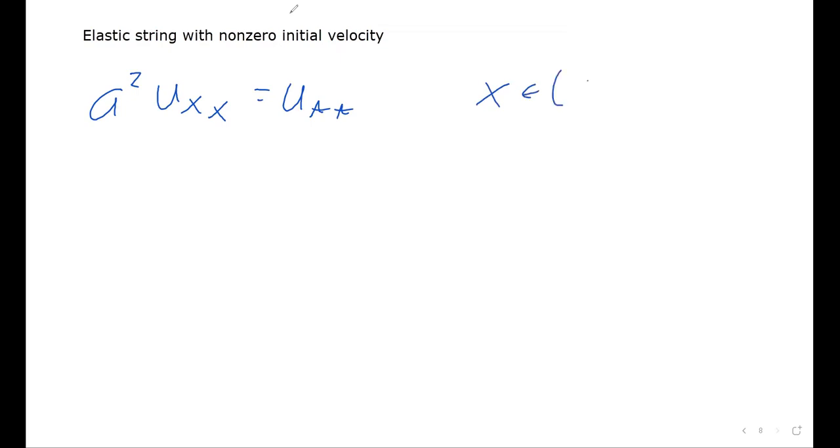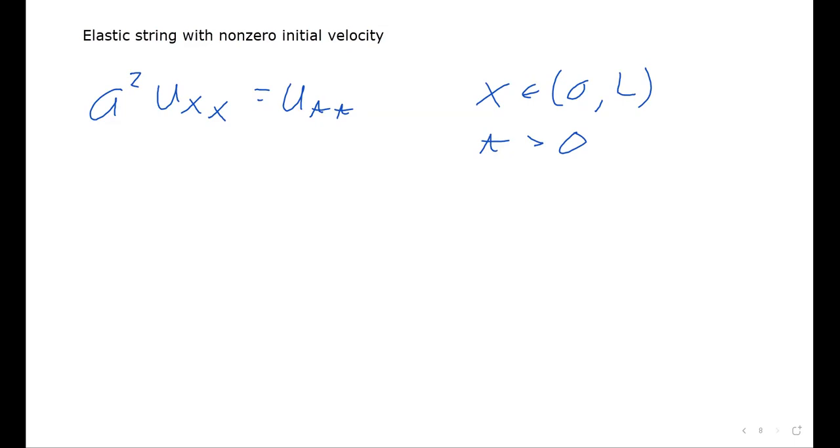Just like before. We're going to use the same zero and L, same equation as what we did before. T will be greater than 0.